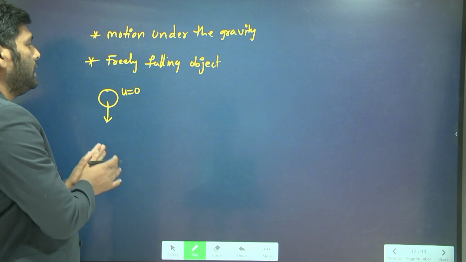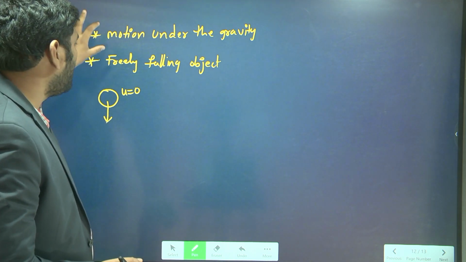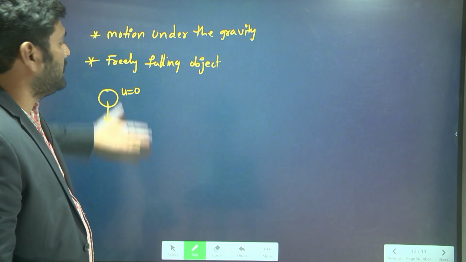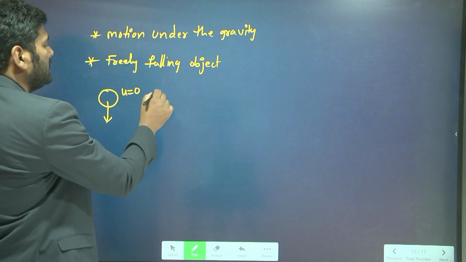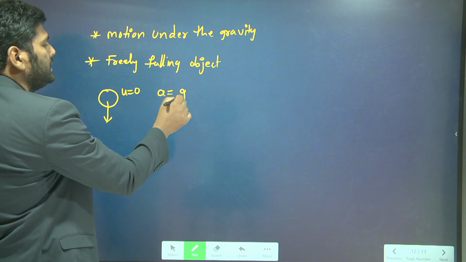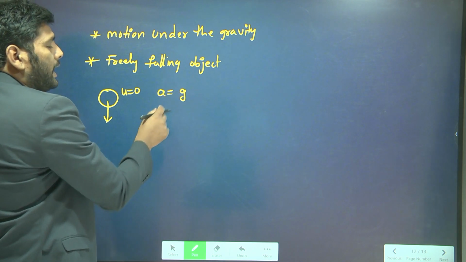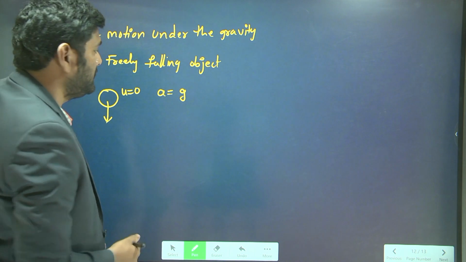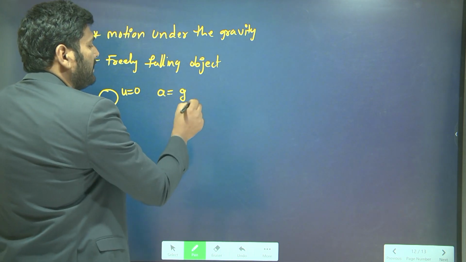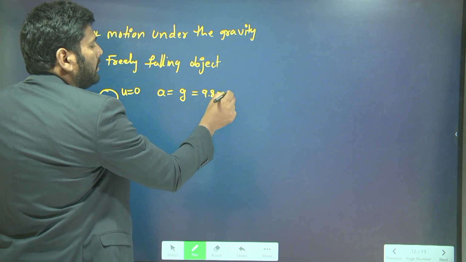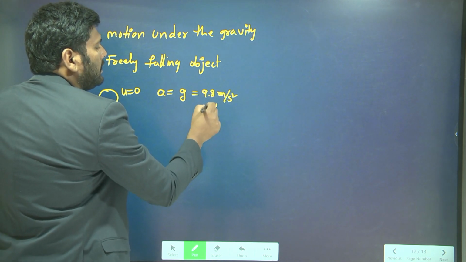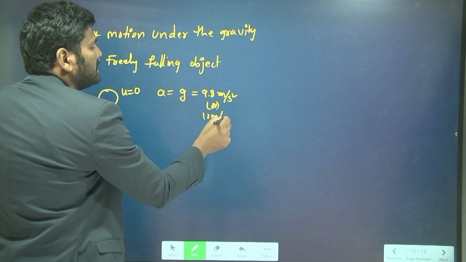When the body is under the influence of gravity, it has an acceleration. The acceleration generally we will consider g. The g is nothing but acceleration due to gravity. On the earth surface, this g value is 9.8 meter per second square or 10 meter per second square.